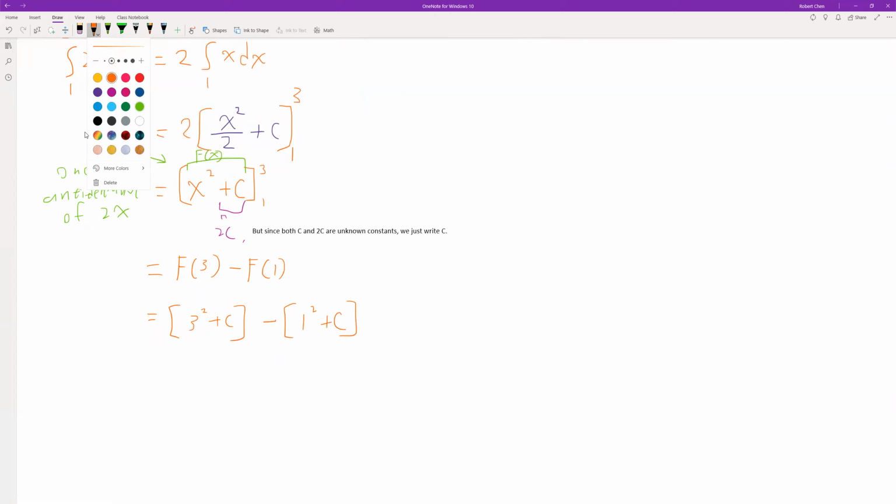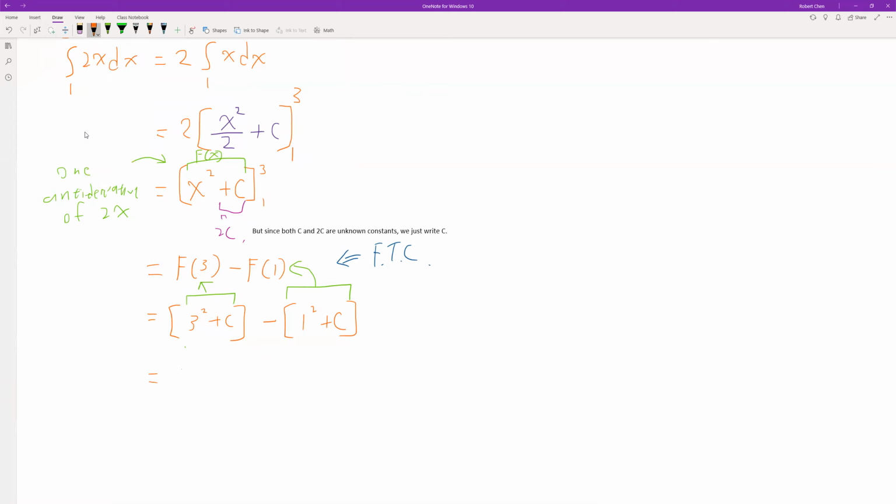So this one is capital F of 3, and that is capital F of 1. This part right here is the fundamental theorem of calculus, FTC. And all we need to do now is evaluate this and simplify it.